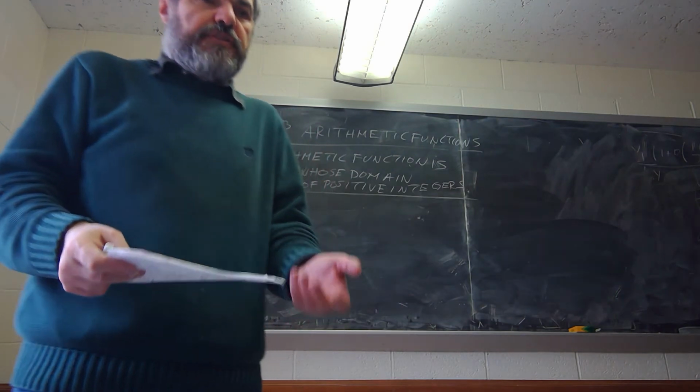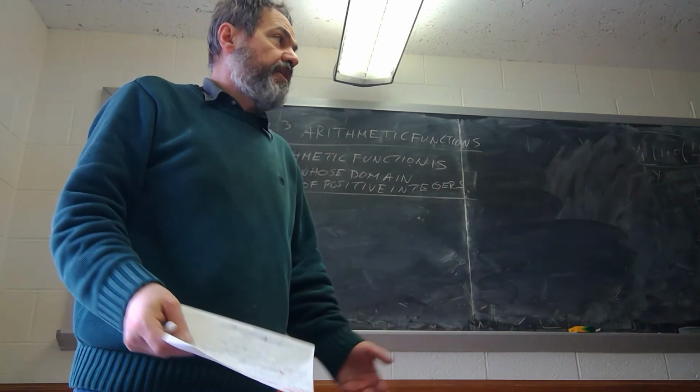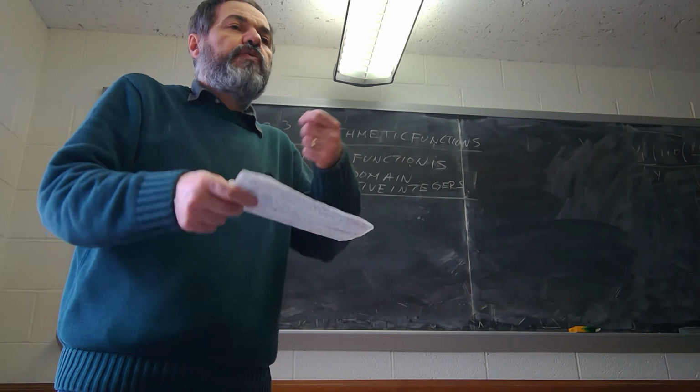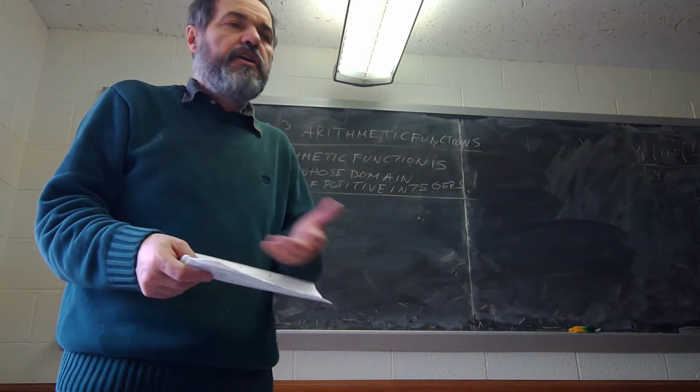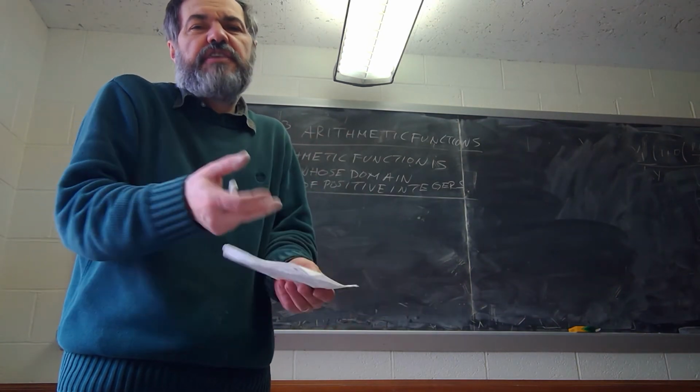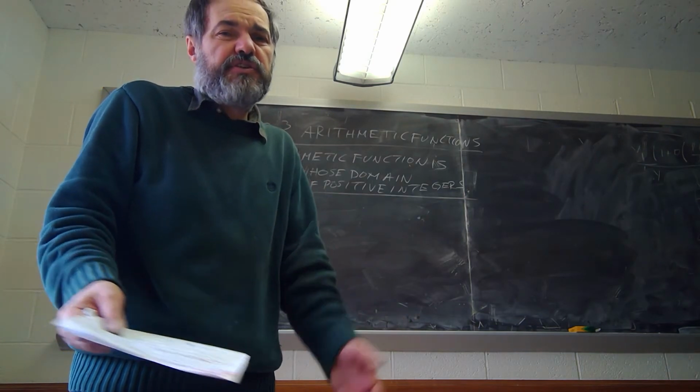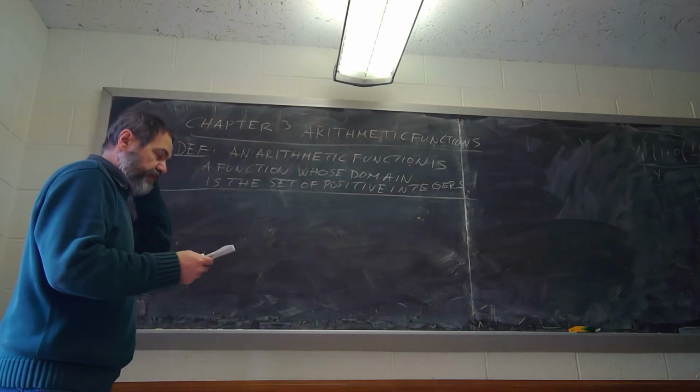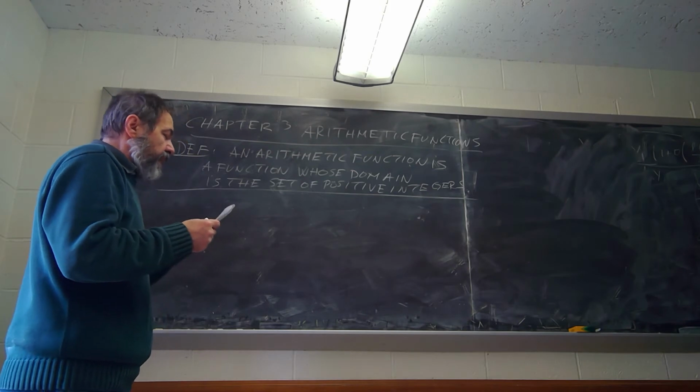So if f is the given arithmetic function, we can talk about f of 1, f of 2, f of 3, not f of 1.5. It's not defined, because 1.5 is not a positive integer.